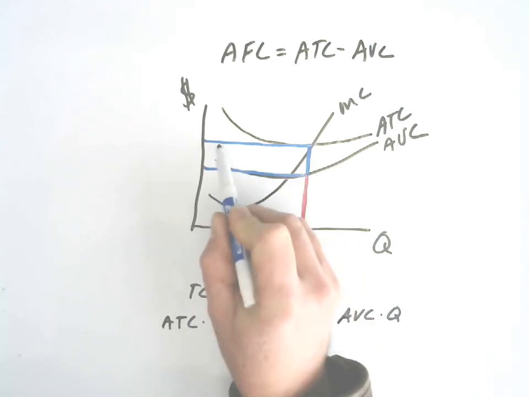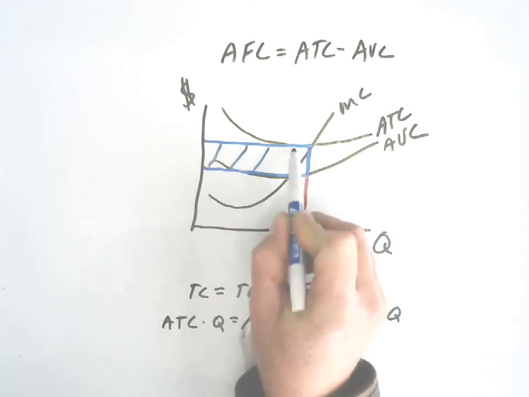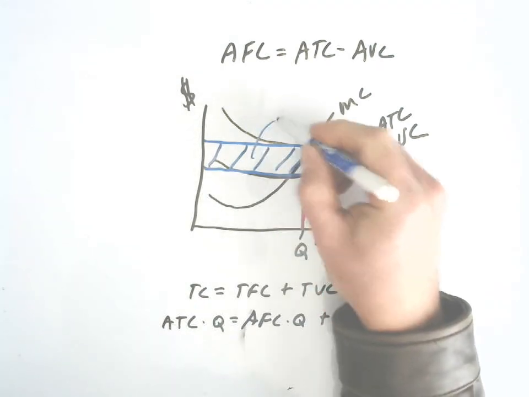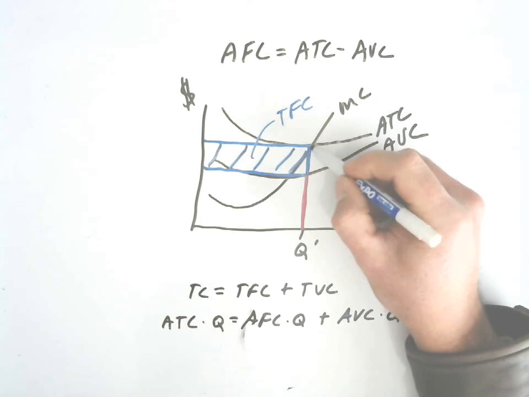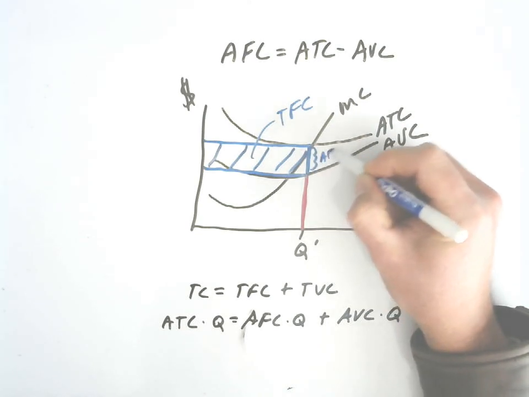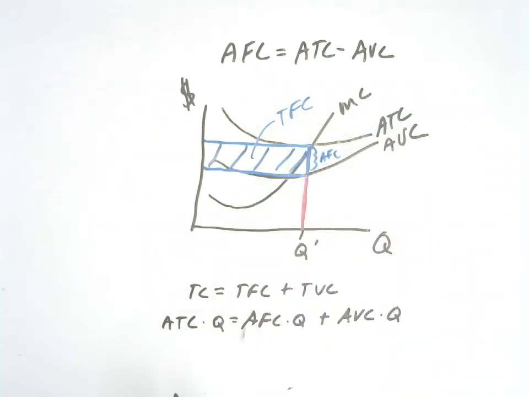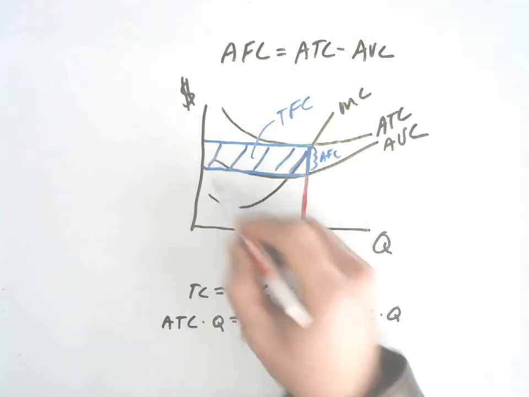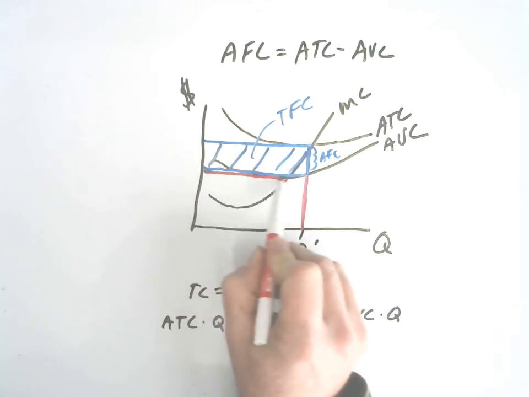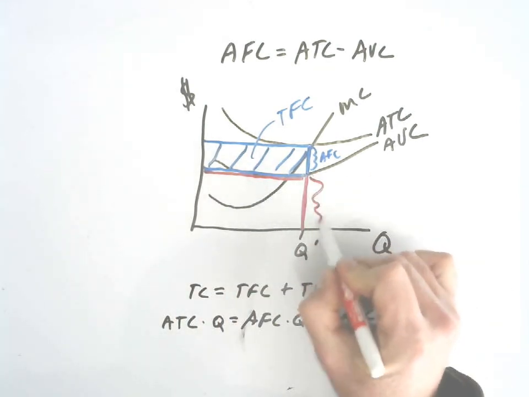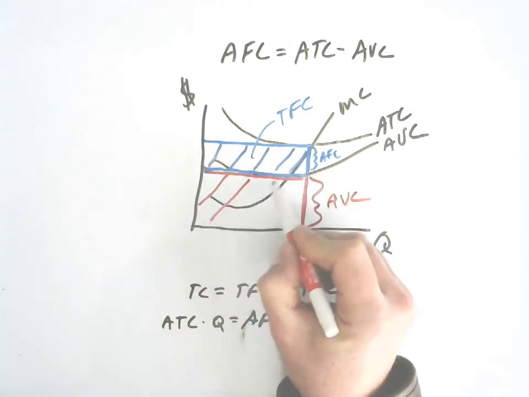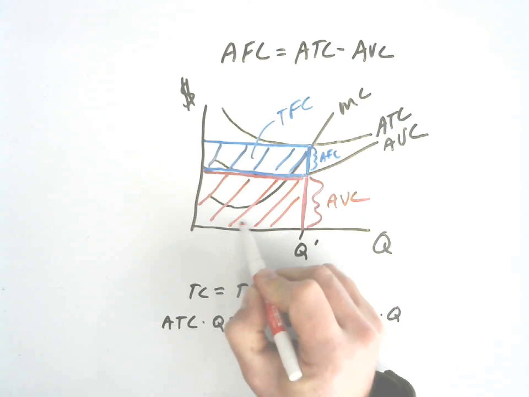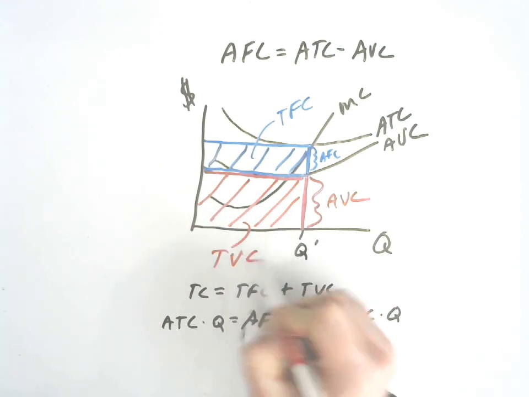Then I would simply multiply through by Q. So this area here would be total fixed cost. That's simply my average fixed cost times Q. And I do the same thing to back out my total variable cost. My total variable cost is simply average variable cost times Q. So it is this box here, and that is my total variable cost.